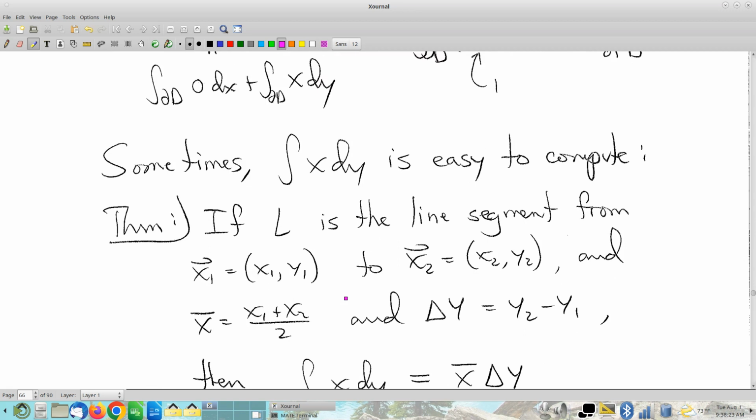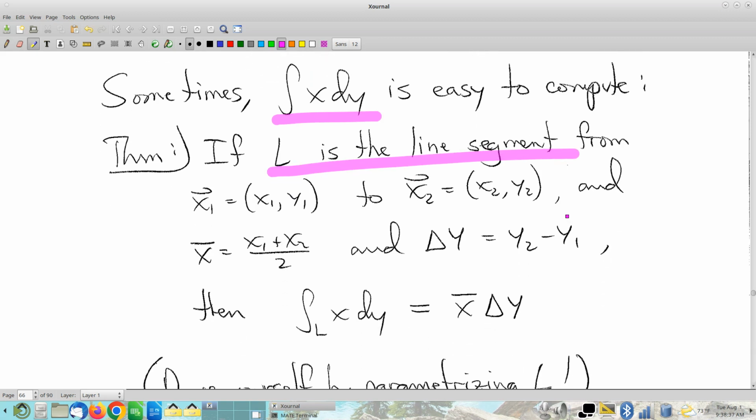Wrong word. Here's a related theorem that we're going to use. If you compute that line integral over a straight line segment, then it is super easy to compute by this handy-dandy little four-function arithmetic formula.